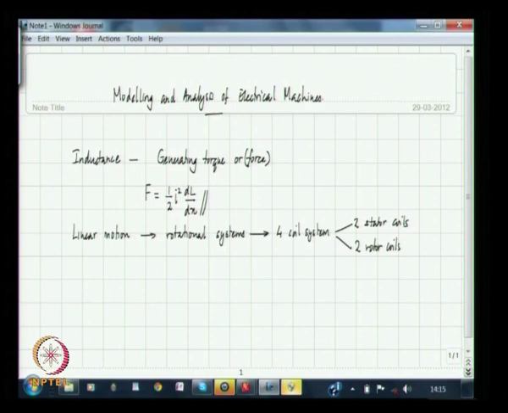For this we then wrote down the electrical equations, and the manner in which we proceeded from the voltage equations to arrive at an expression for the force generated, or in case of rotational systems the generated electromagnetic torque. That method we had established in the linear motion system itself. You find out an expression for input electrical power and then determine the ways in which this input is then expended.